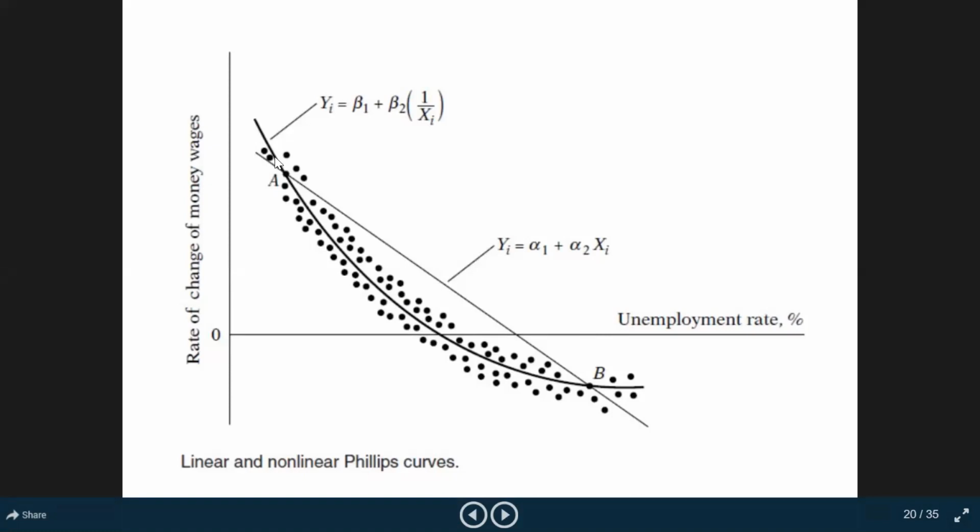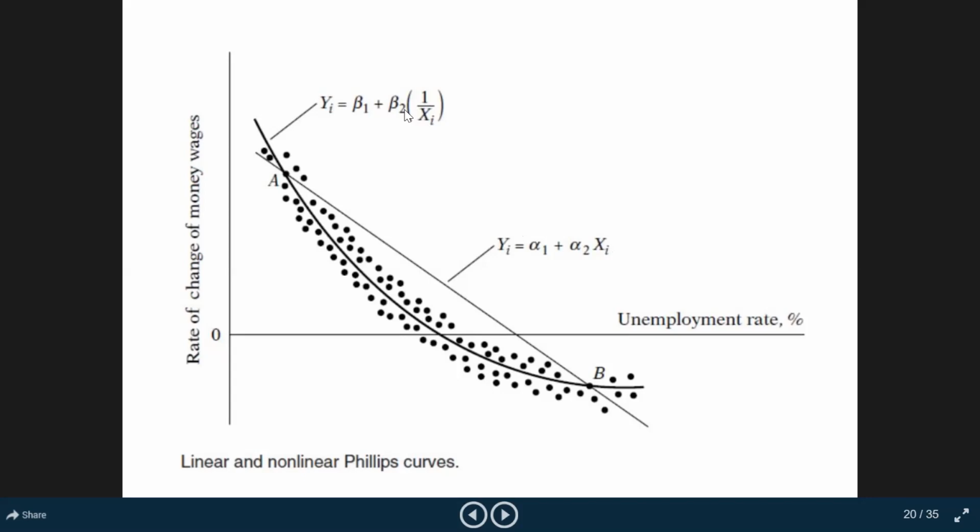In the nonlinear Phillips curve, yi equals beta 1 plus beta 2 times 1 over xi, and in the second one, alpha 1 plus alpha 2 xi. In the first case, if we need the variable 1 over xi, and by mistake we fit it as xi, this is a mistake in the functional form and will come in the category of specification bias.